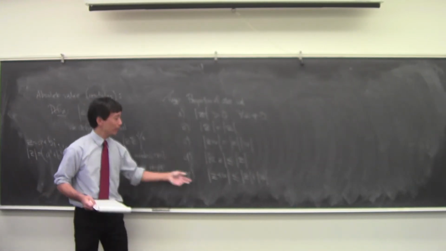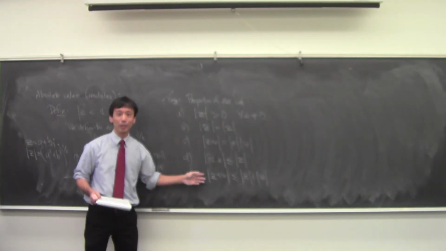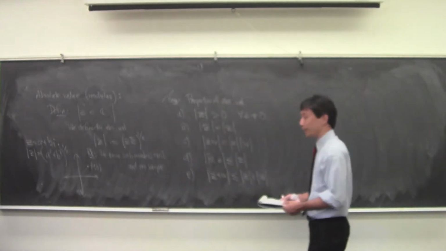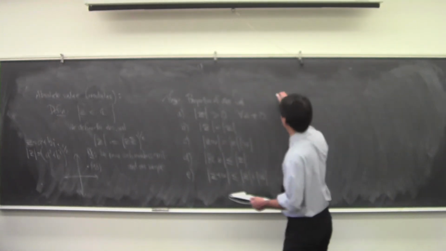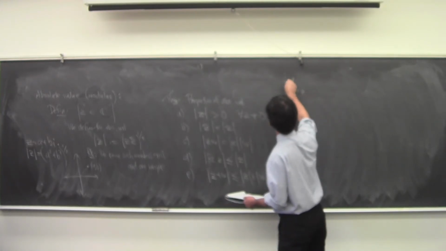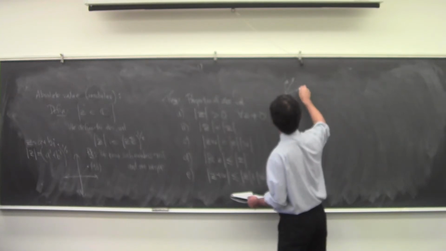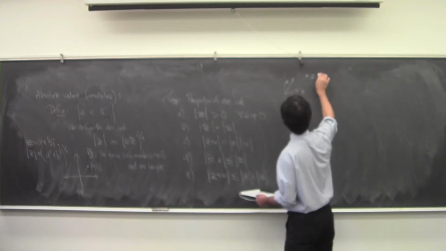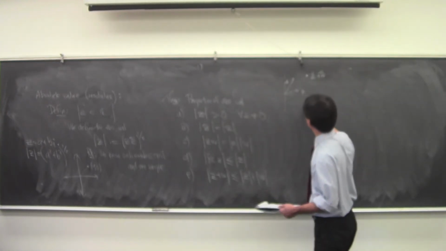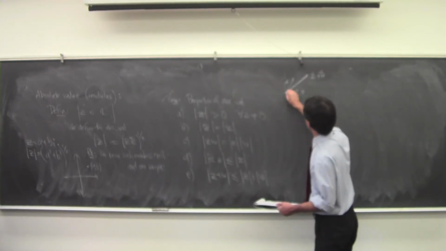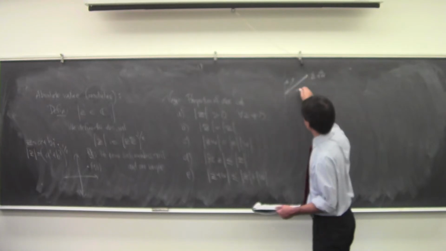What's the name of this last thing? Triangle inequality, right? And now that we're in the complex numbers, it really does look like a triangle inequality. Back when you learned it in the reals, maybe it wasn't so obvious. So here, you've got z, you've got w, and this point is z plus w. What it's saying is that the length of z plus w is less than or equal to the length of z plus the length of w.